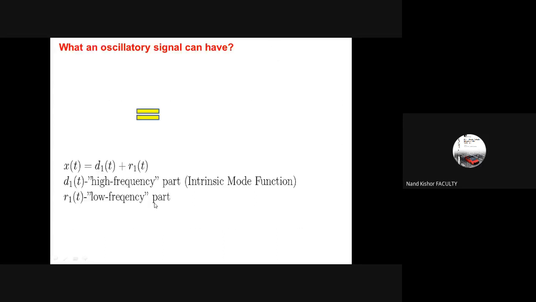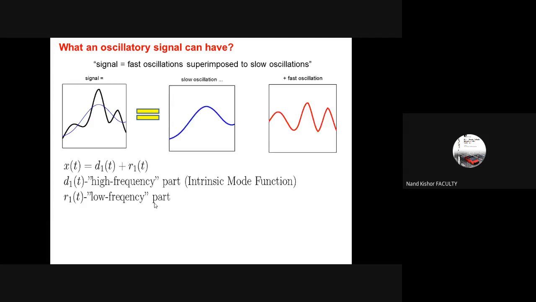So move to the next slide here. Here, I just wanted to give an illustration of what an oscillatory signal is likely to look like. So you have a signal here, right? Now, what you find is that it is actually a superimposition of fast oscillating signals, and then again a somewhat slow oscillating signal here.